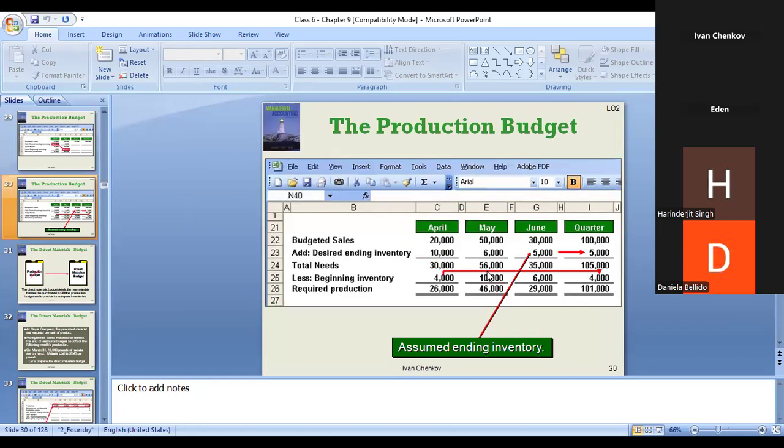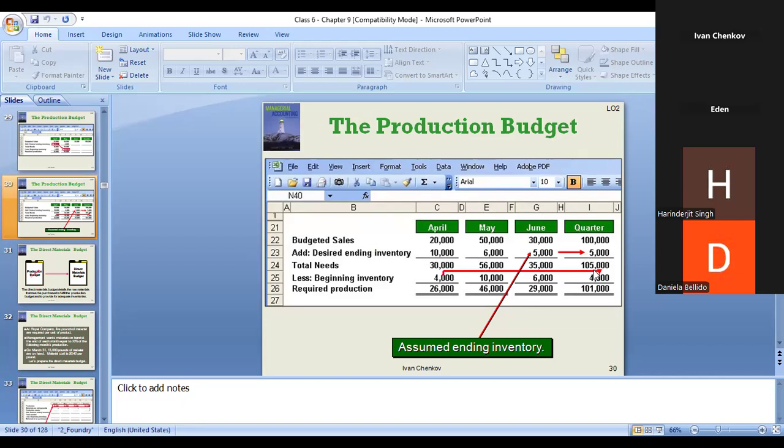We're going to complete the information for the entire quarter, and at the end of the quarter, again, budget sales, we're going to calculate April plus May plus June, 100. Desired ending inventory for the quarter will be the desired ending inventory for the last month of the quarter.